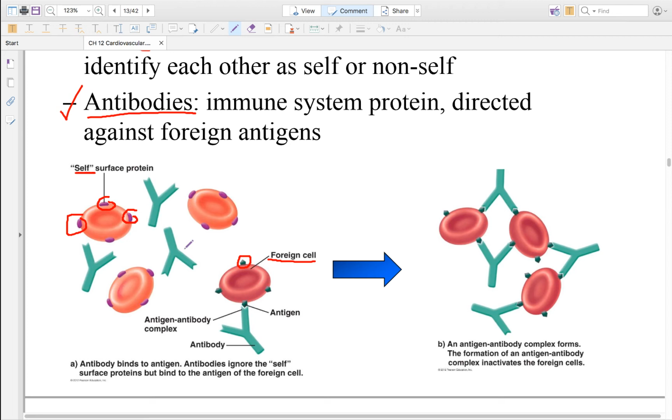Basically, the antigen antibody complex looks like this. Antibodies have this kind of Y shape and they are antigen specific.